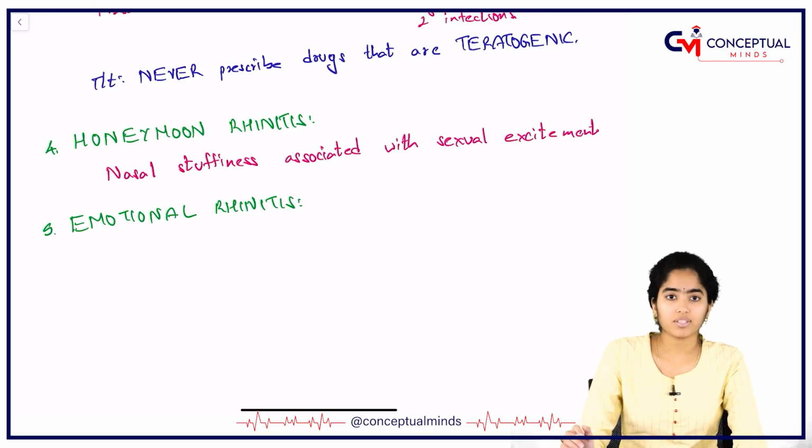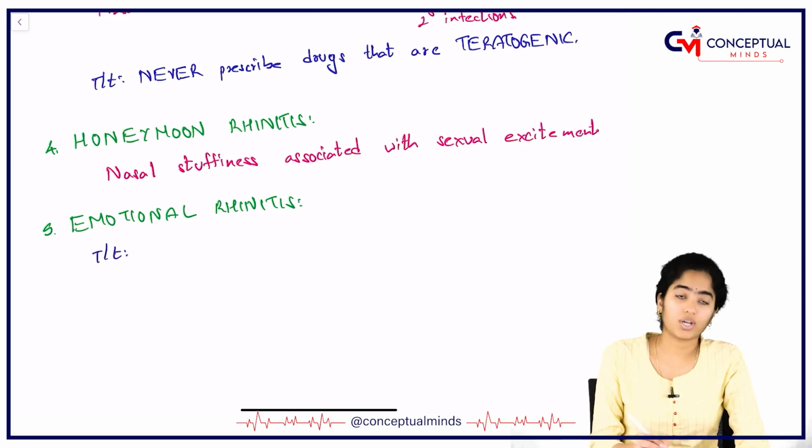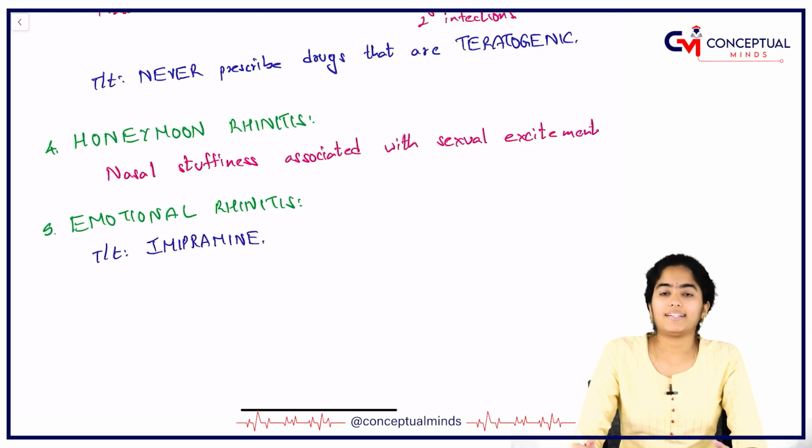Okay. So, how do we treat emotional rhinitis? Proper psychological counseling is required, and apart from that, there is a wonderful drug that we have called imipramine. The speciality of imipramine is an antidepressant, plus it has an anticholinergic effect.